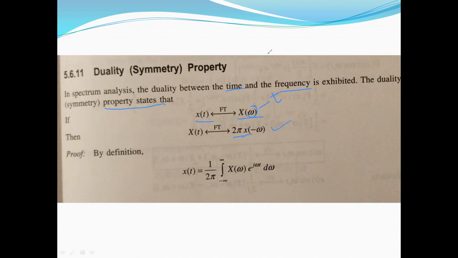That is small x, where in place of t, minus omega is substituted, and 2 pi gets multiplied.